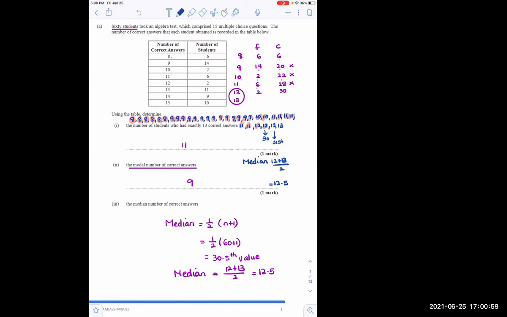All right. We want the probability that a student has at least 12 correct answers. So the words at least mean greater than or equal to 12. So the student could have 12, 13, 14, or 15 correct answers. So we add 2 plus 11 plus 9 plus 10 divided by 60.